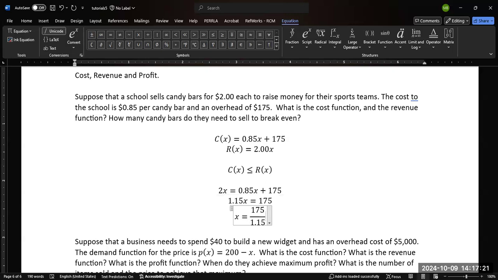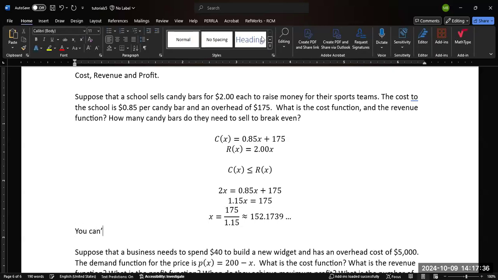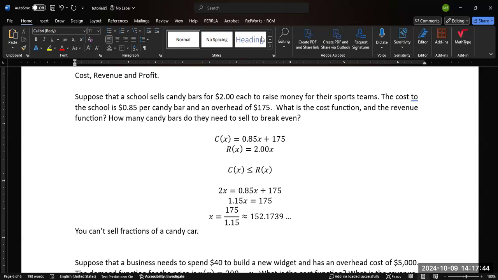And we get, and I'm going to put an approximately here, 152.173 blah, blah, blah. Now, again, the thing to keep in mind here is you can't sell fractions of a candy bar. When you sell a candy bar, you sell a whole candy bar all wrapped up and ready to go.